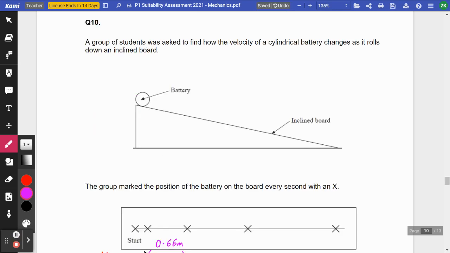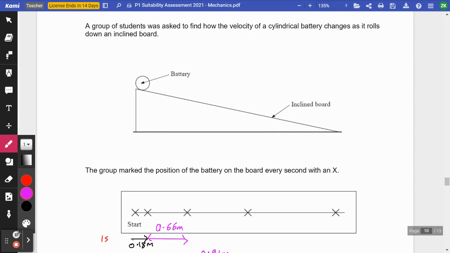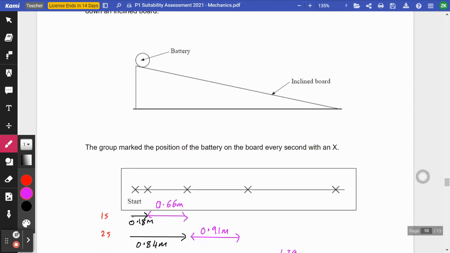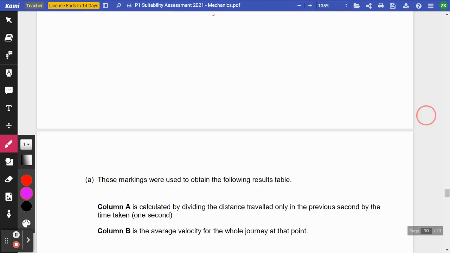Question 10. You've got a battery rolling down an inclined plane, and some points of this battery are marked. Looking at the plan view, there's your start position. Every second, that's where the battery's position was: there, and there. What you see underneath I've taken from this table.